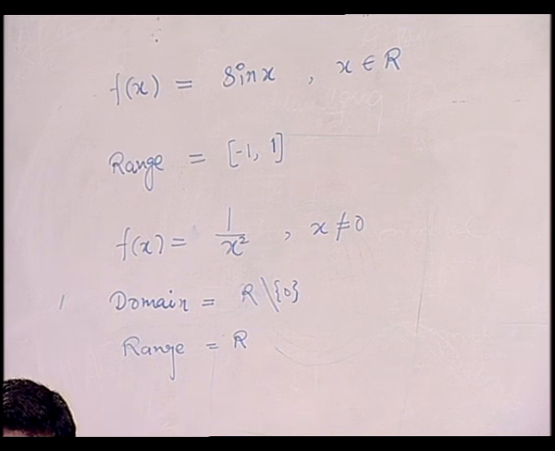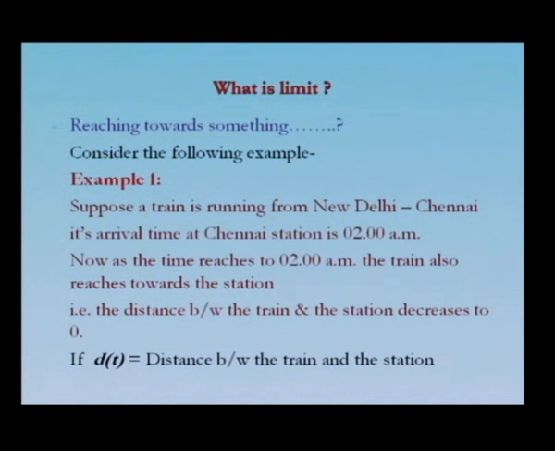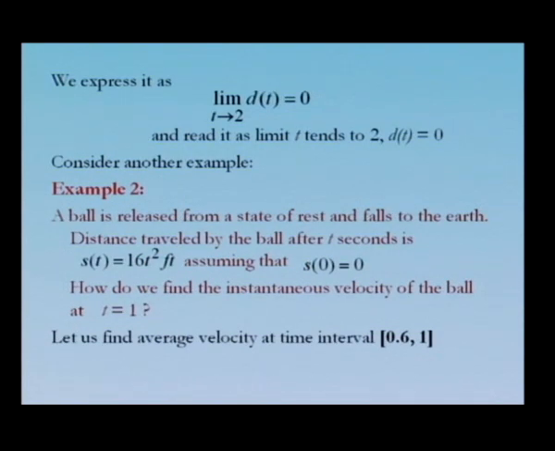That is, the distance between the train and the station decreases to 0. So if we take d(t) equals the distance between the train and the station, we express it as limit t tends to 2 d(t) equals 0.